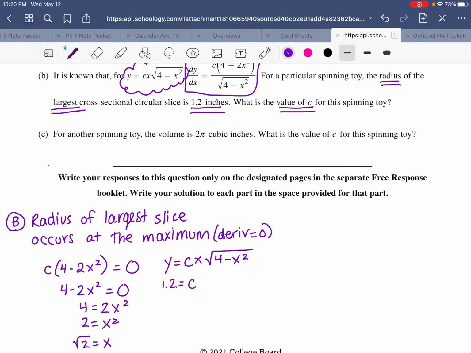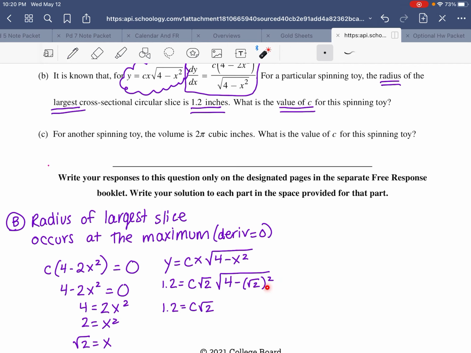So 1.2, I don't know c, I'm looking for it. X is the square root of 2. X again is the square root of 2. And I'm just going to solve this right here for c. Looks ugly, but it'll get a little bit nicer as we go. 1.2 equals c root 2.